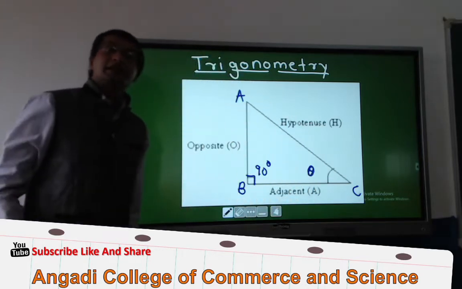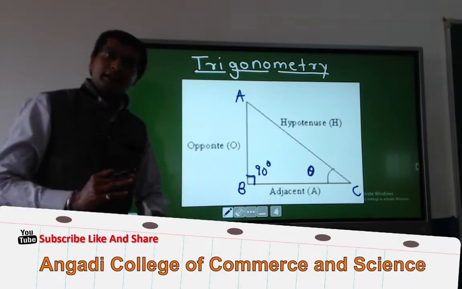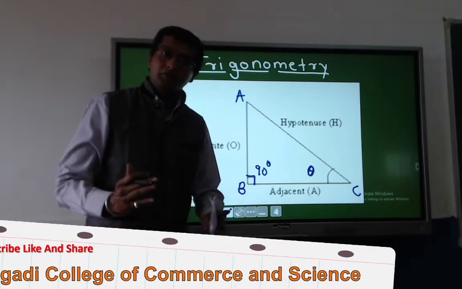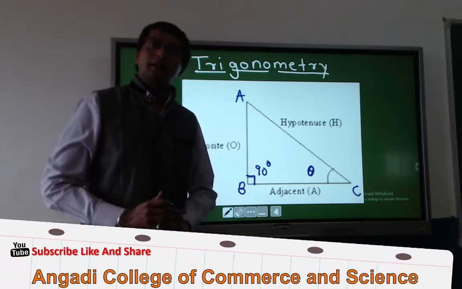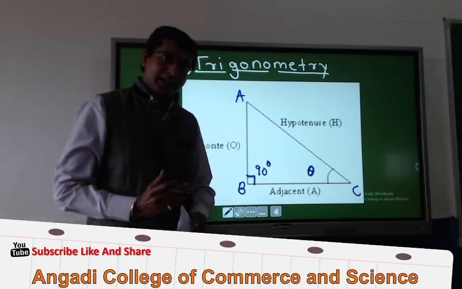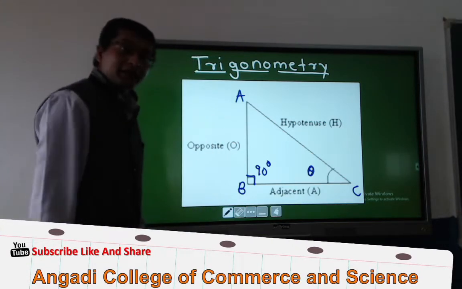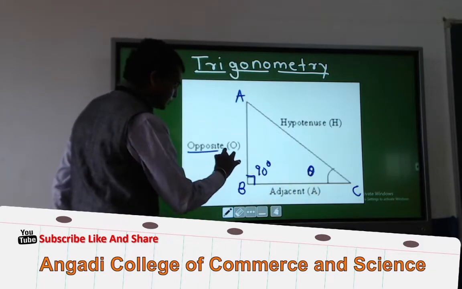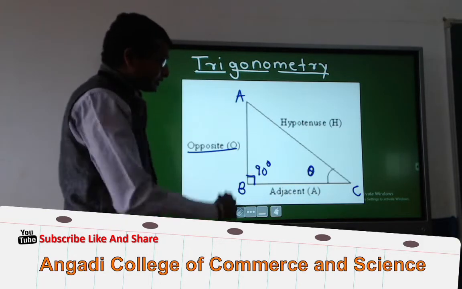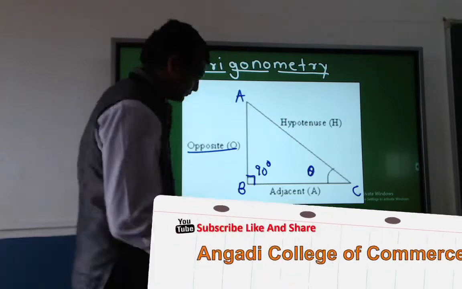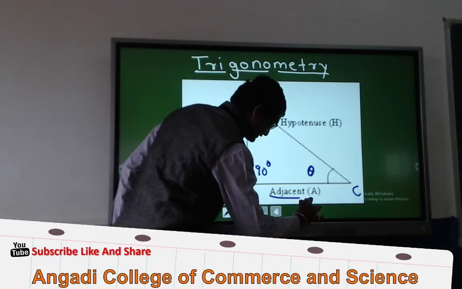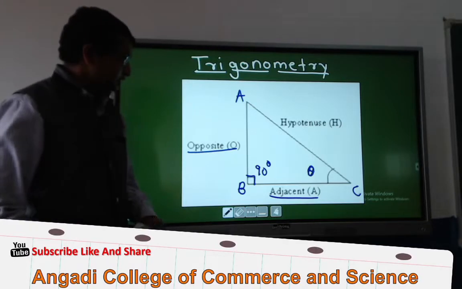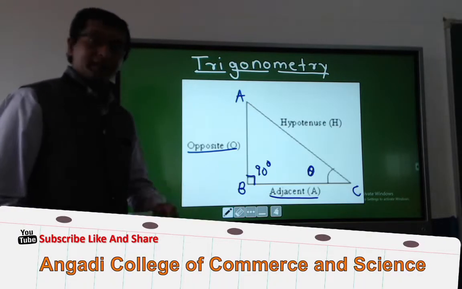Theta is a Greek letter. In algebra, in the last class we have discussed, we use x, y, all these are algebraic quantities. Like that, one of the Greek letters is theta. Opposite to this we have the opposite side, and we are left with the third side, that is the adjacent side, or one more name for this is the base.